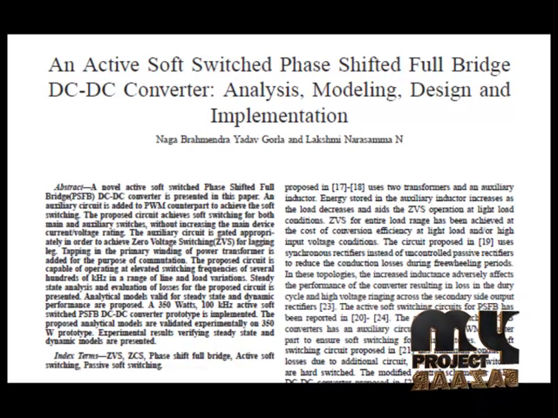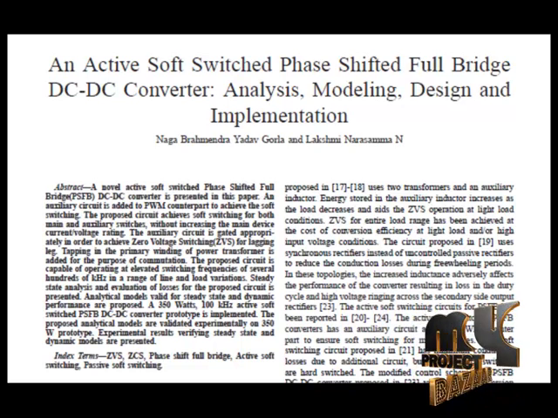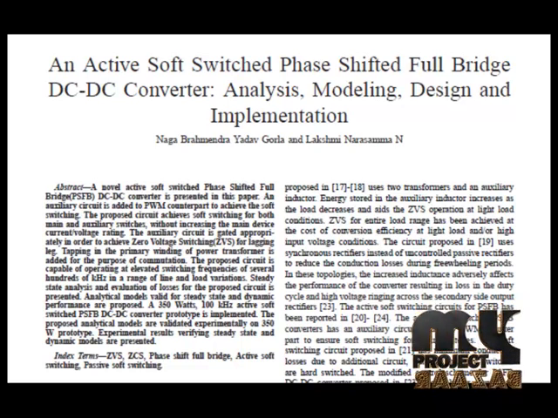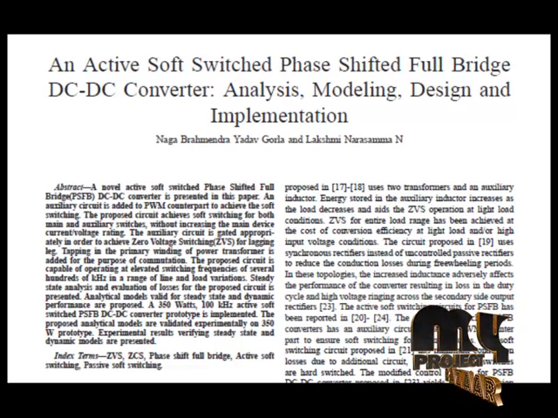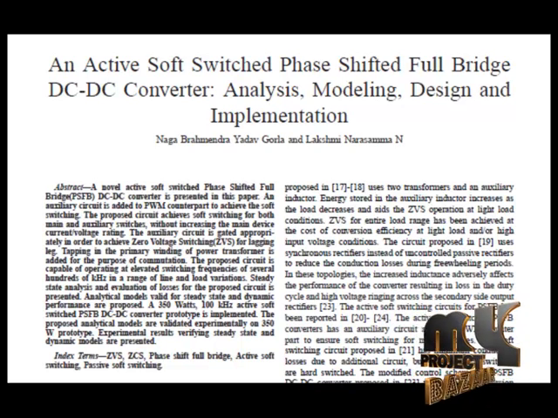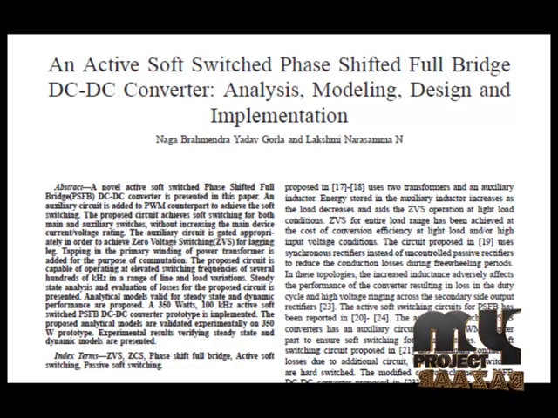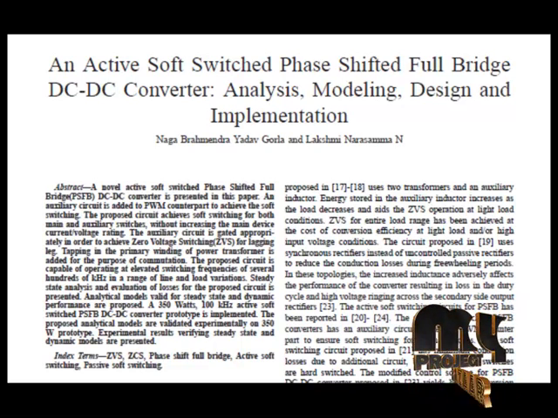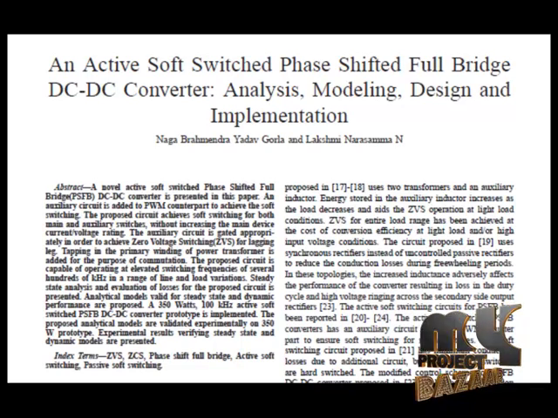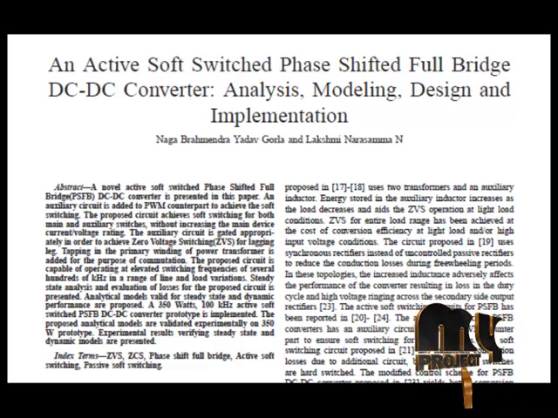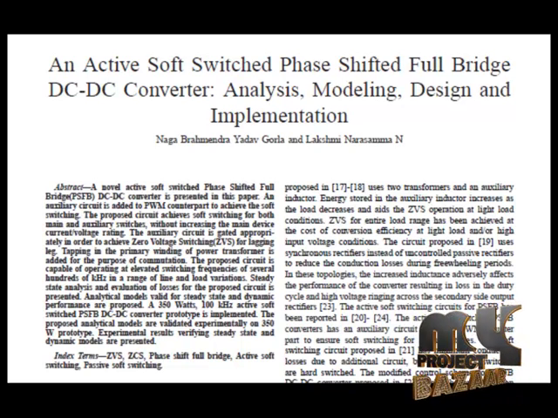However, full ZVS operation can only be achieved with a limited load and input voltage range unless a relatively large inductance is provided in series with the primary winding of the transformer, either by an increased leakage inductance of the transformer and/or by an additional external inductor.